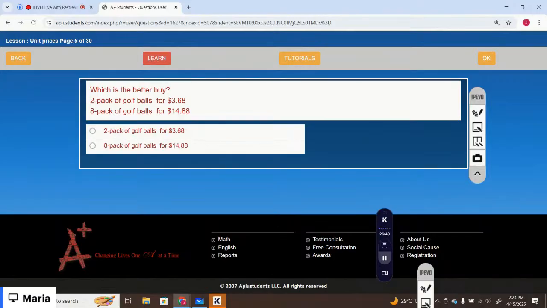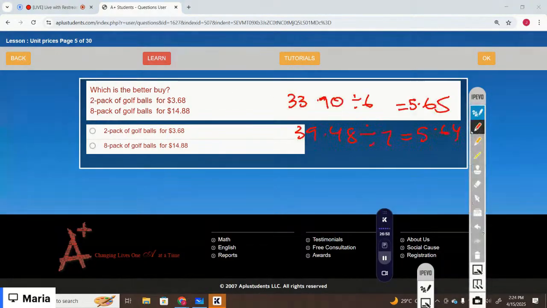Let's just calculate the unit price. 3.68 divided by 2 is $1.84. And then 14.88 divided by 8 is $1.86.